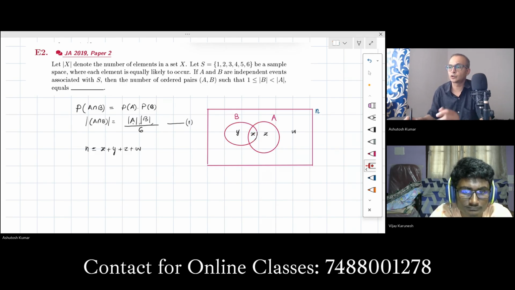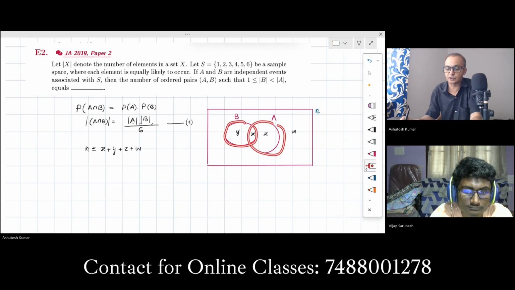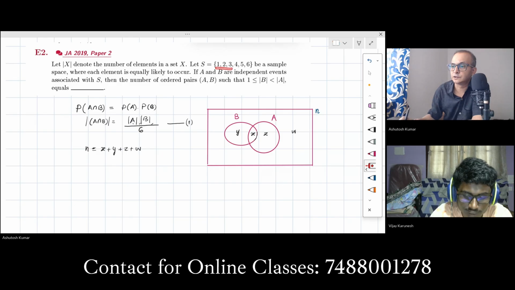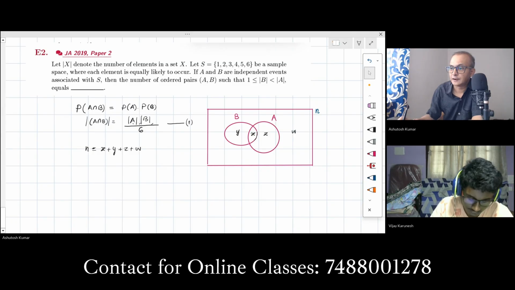Or that A is taking 4, 5, 6 and B is taking 2, 3? Because you are only providing that the size of A is 3 and of B is 2. So there are many ways you can find such a pair, like A as 1, 2, 3 and B as 4, 5, or A as 2, 3, 5 and B as 1, 6. Are you understanding this thing?